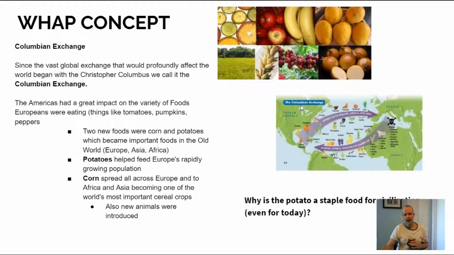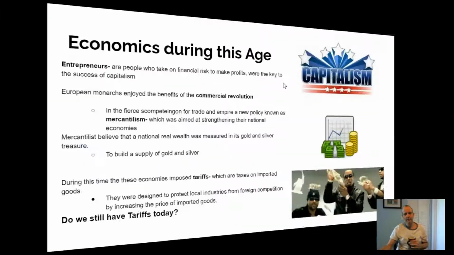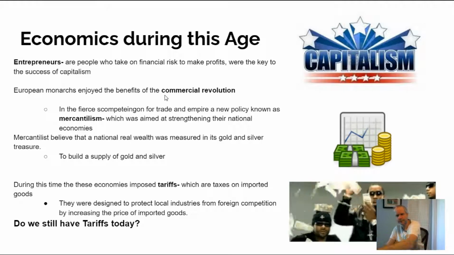And that's the intersection of these two worlds colliding, and things that were only found in one area are brought over to another, and vice versa. The Spanish bring in horses and so forth, oranges from China into the New World, new potatoes and corn back into the Old World, and this new blending of environments and goods happens, and that's referred to as the Columbian exchange.